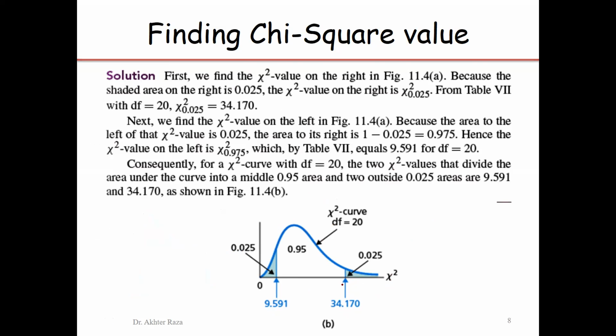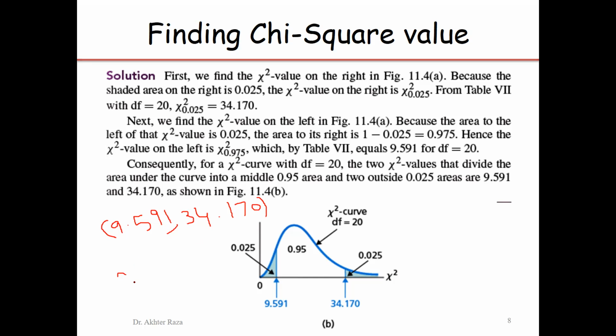The middle interval is known as the acceptance region, and the acceptance region will be (9.591, 34.170). Why round brackets? Because these endpoints are not included in the acceptance region.